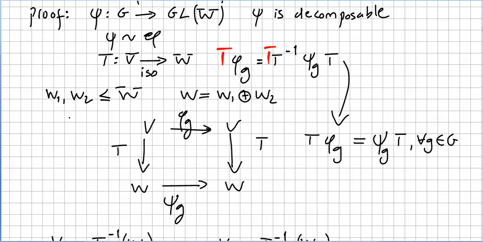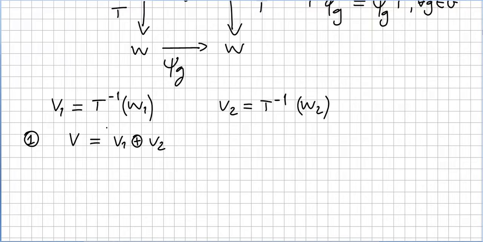We got two subspaces for W, W1 and W2, and now we got two subspaces for V, V1 and V2. We called V1 the inverse transform of W1 and V2 the inverse transform of W2.